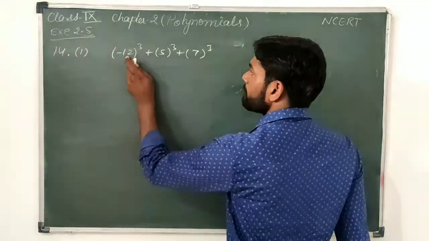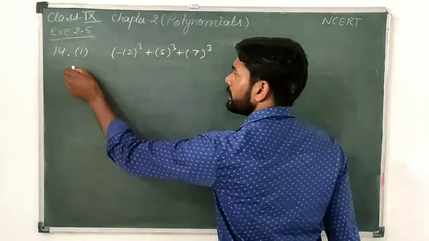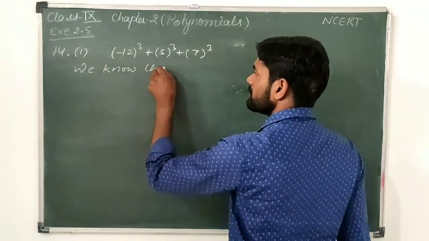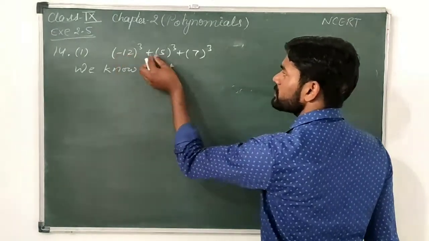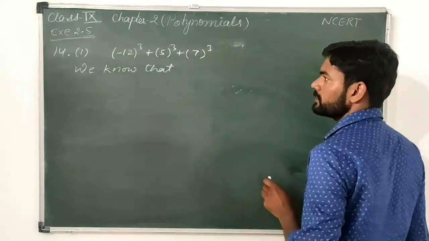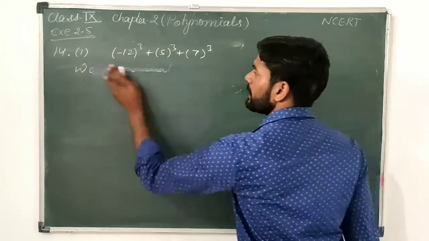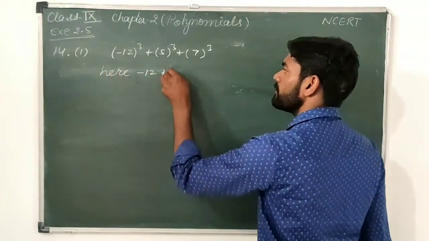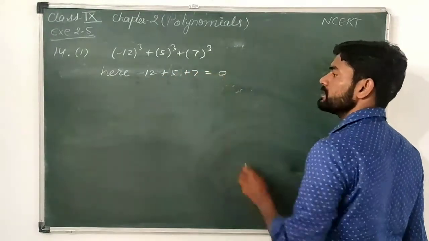First of all, check this one. We know that the sum of these is equal to 0. Let me write here: minus 12 plus 5 plus 7 is equal to 0.